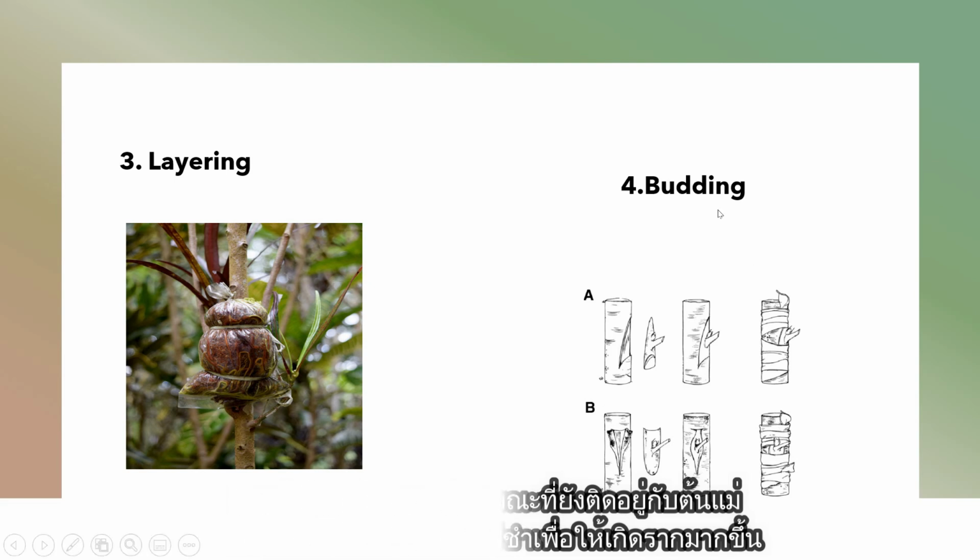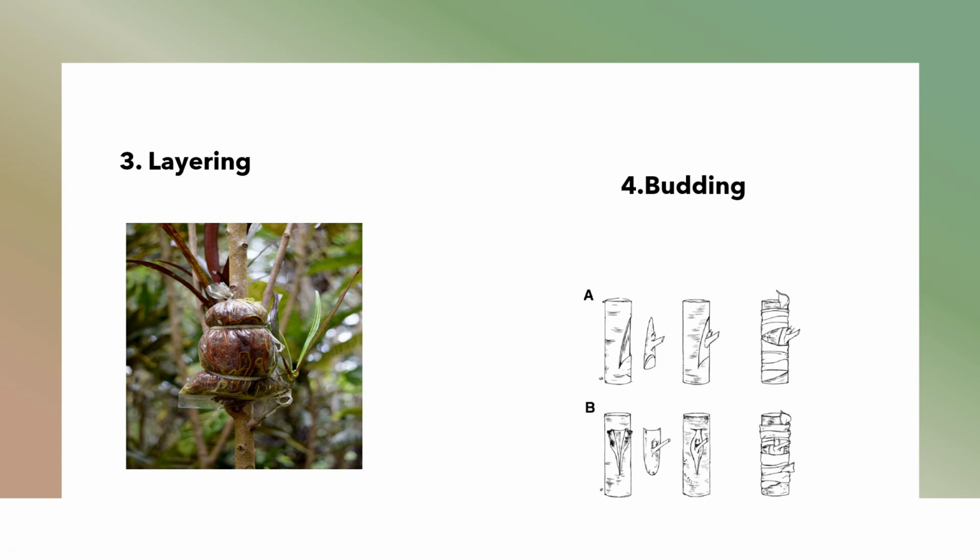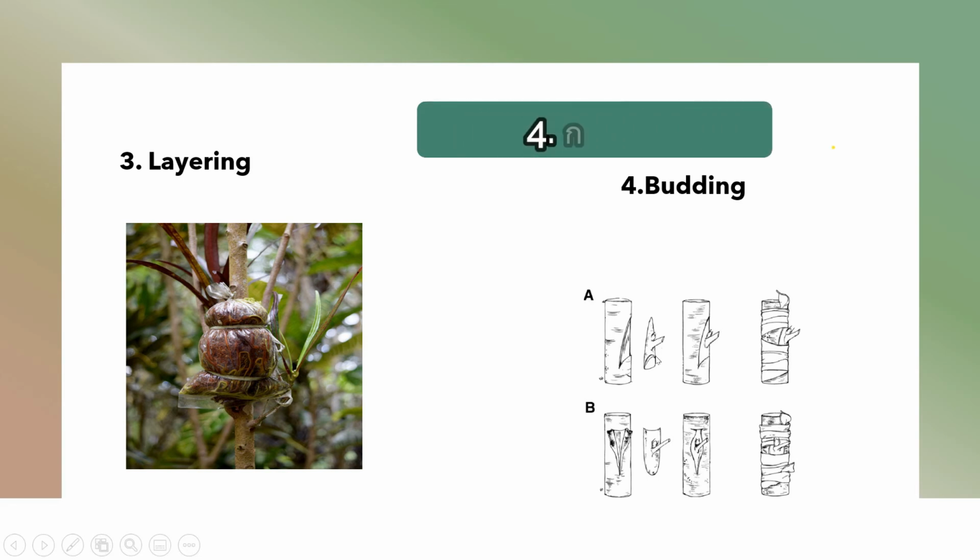Another one, we have budding. This is propagation of a plant using buds. This is the bud of a plant, and you have to grow it in the trunk of a tree. This is the trunk of a tree.